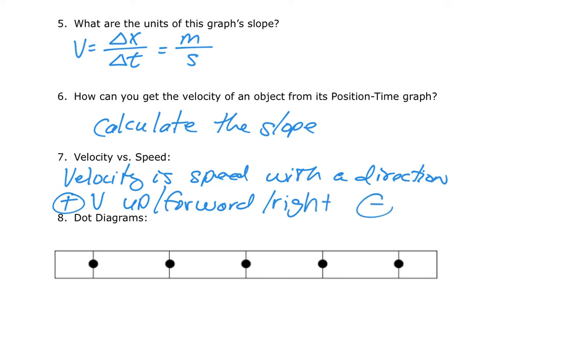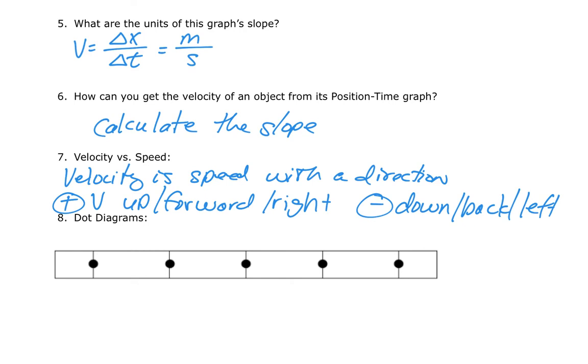We generally assume that a negative velocity is down, backwards, or to the left. That's just a convention. We don't have to use that convention, but it's what we will normally do in this class. We're going to use dot diagrams to kind of convey information about an object that's moving.